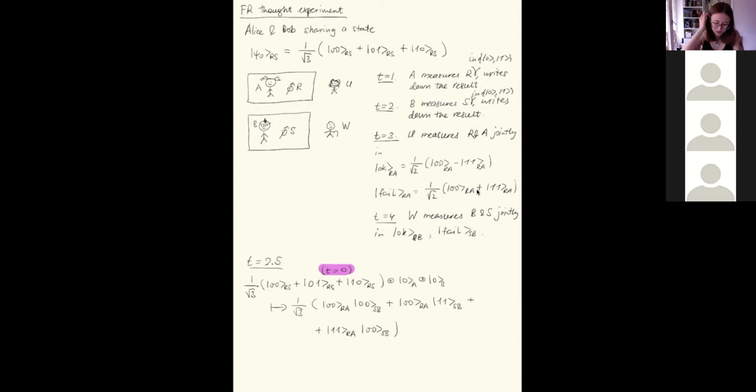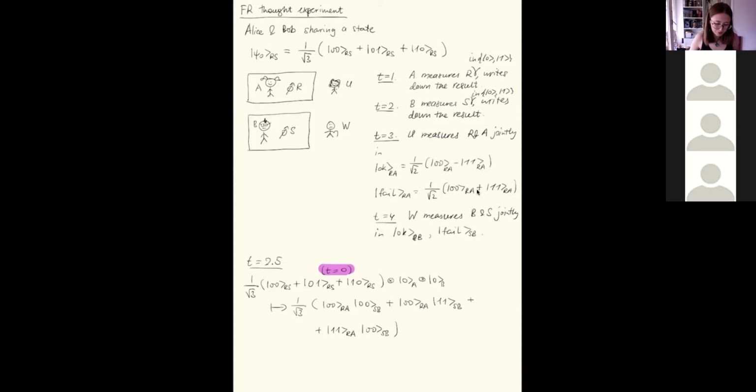Okay, so this is the state before Ursula and Wigner start to measure, and this is the state on the basis of which we're going to make our conclusions about these agents' predictions.